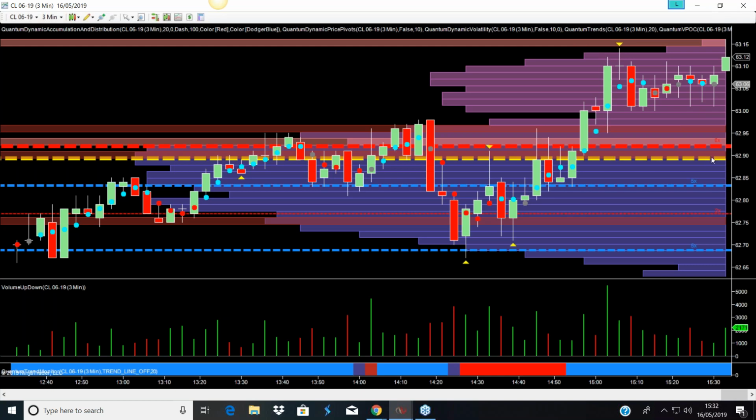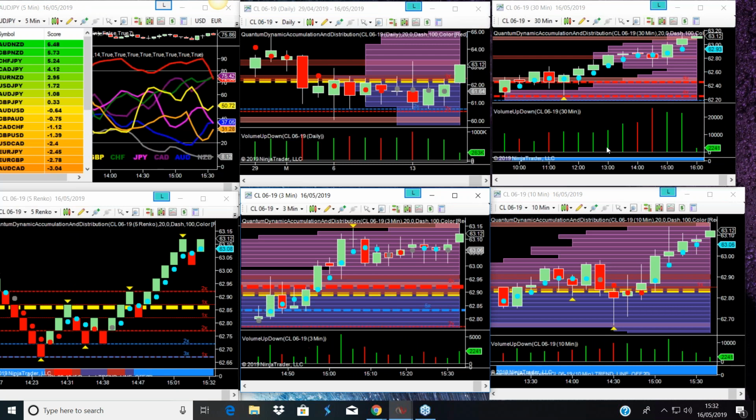We have added our own volume point of control because it's an enhanced version of the volume at price. If you want to use volume at price, that's up to you, but then you have to manually try and remember where the point of control is on the chart.